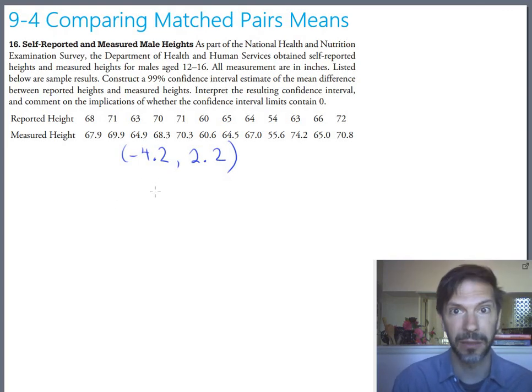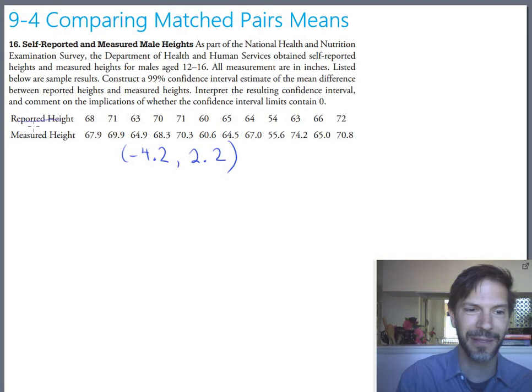And what does that mean? Keep in mind that confidence intervals always talk about how much bigger group 1 is than group 2. Group 1 in this case was the reported height, and group 2 was the measured height.